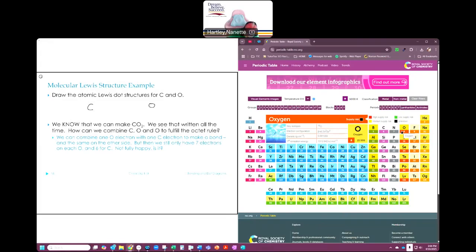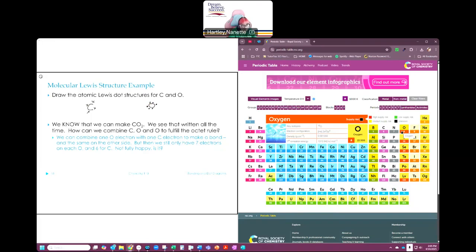So for carbon I'm going to put 1, 2, 3, 4, and for oxygen 1, 2, 3, 4, 5, and 6. Again, I have 1 that's X, 1 that's O, no real reason to do either one, just so I can tell the difference. Now I know that I can make CO2.